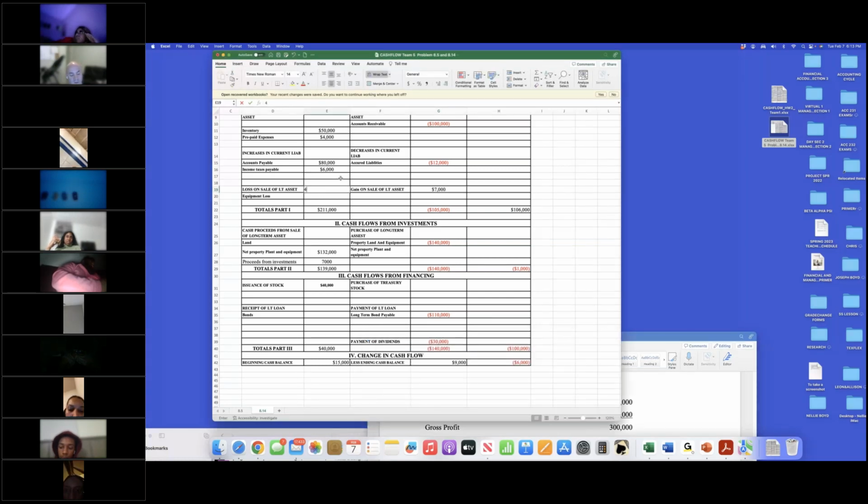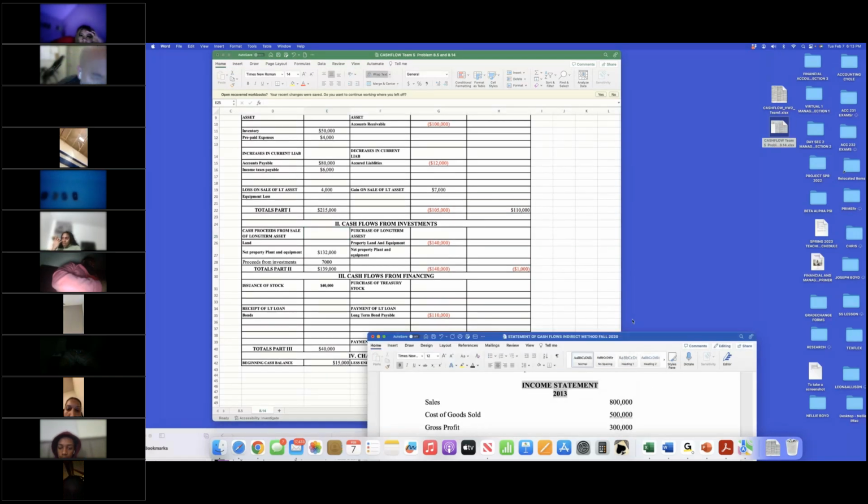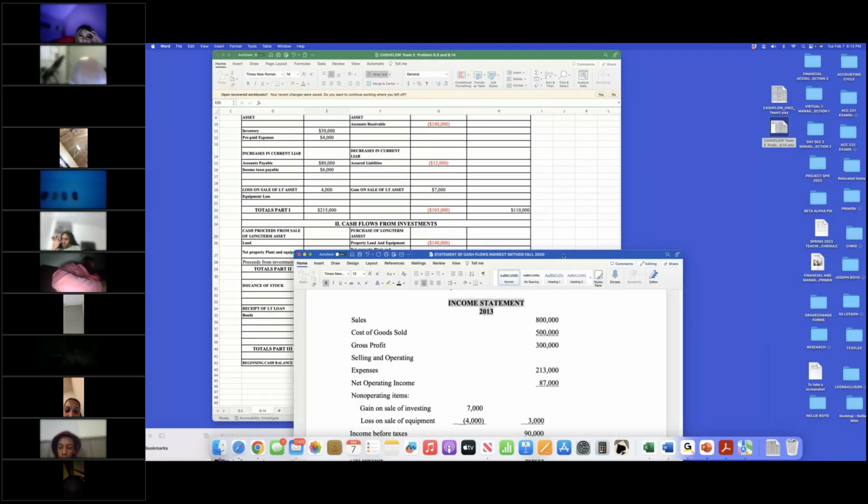So when they talk about the actual, you bought it for this and that, you totally disregard that. It's just what your gain and what your loss is. Let's just look at them separately. You have to treat them separately. They say the gain on the sale of investing was 7,000.